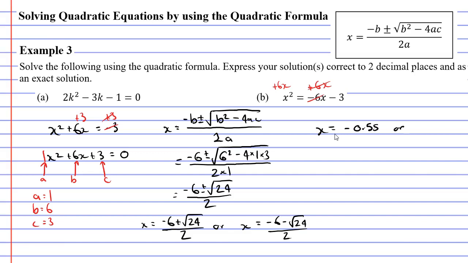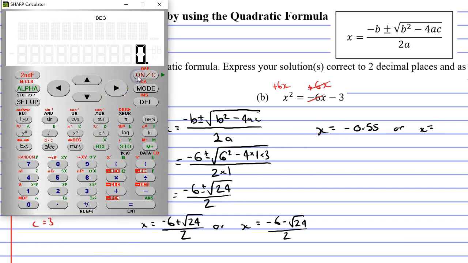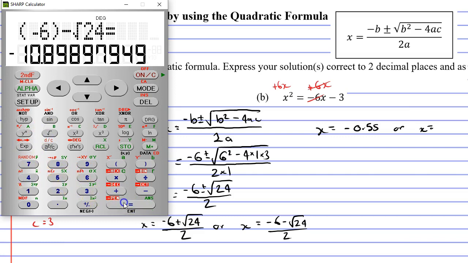So x will either equal negative 0.55 or x will equal, bringing up our calculator again, negative 6 minus root 24 this time. We need to press the equal sign before we divide it by 2.